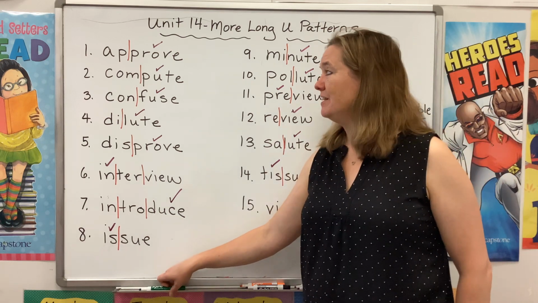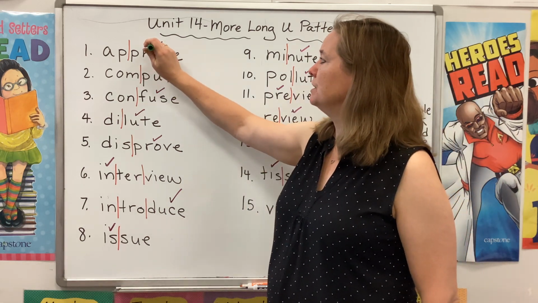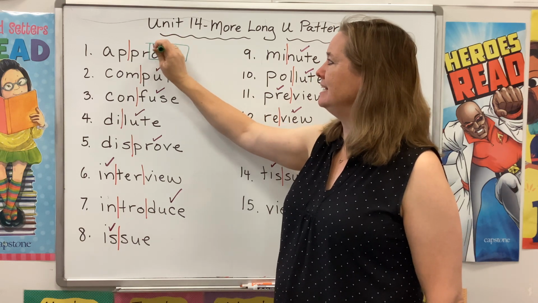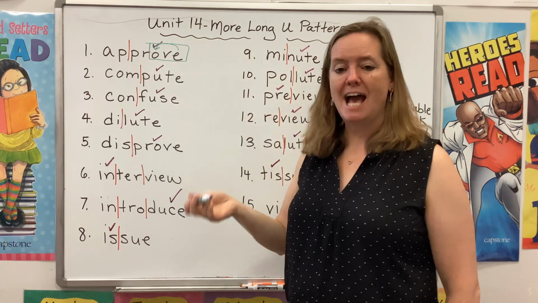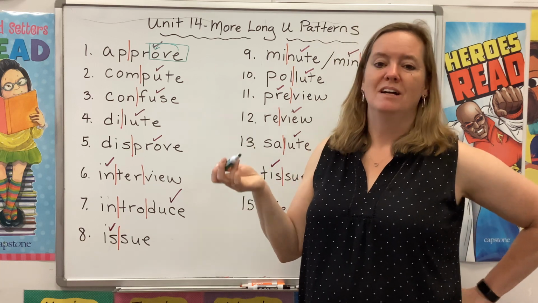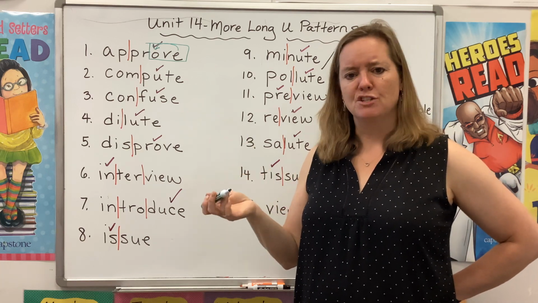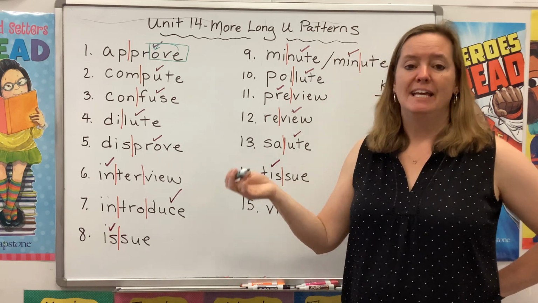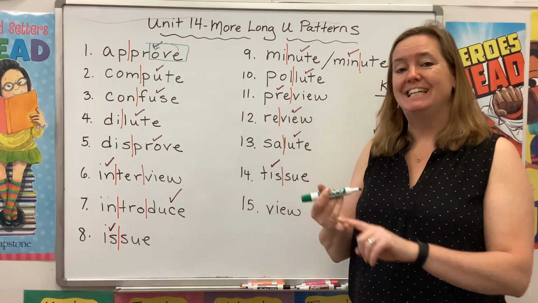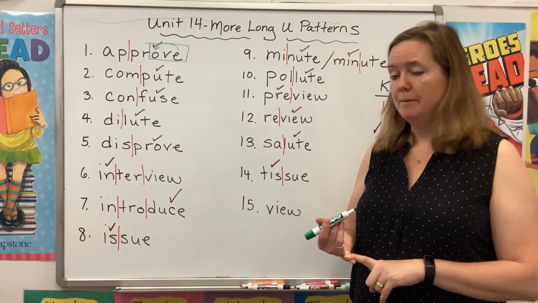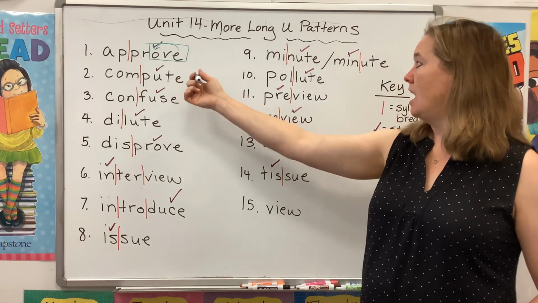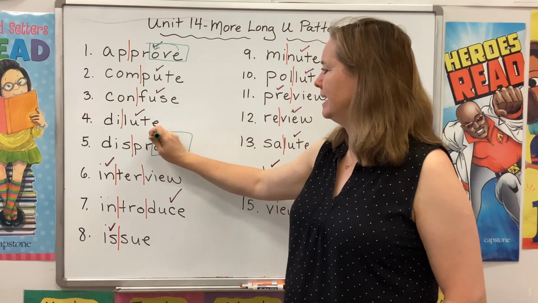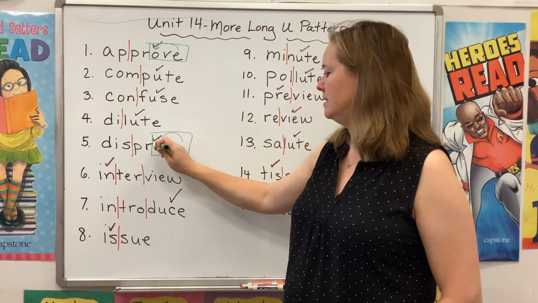Okay, what I want to do first is I want to look for those silent E syllables. And I want you to notice that in our first word, approve, we have a silent E that's actually making the O make a U sound. Strange, right? We don't see that very often at all in our language. We see it in the word prove, we see it in the word approve, and we see it in the word disprove.